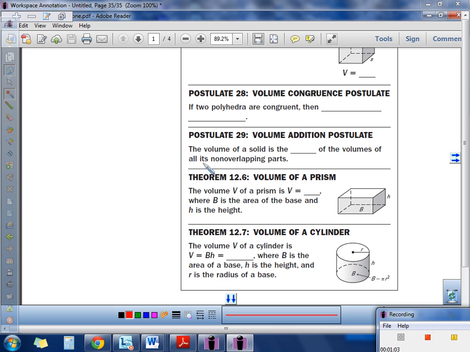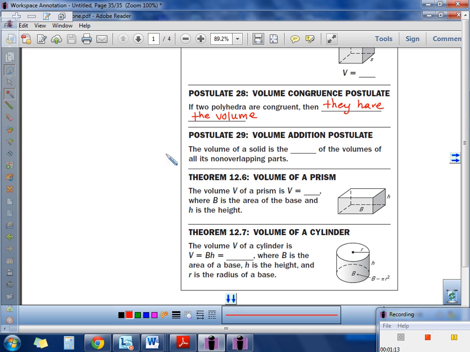For this little postulate, it's pretty straightforward. The volume of a solid: if two polyhedra are congruent, then they have the same volume.